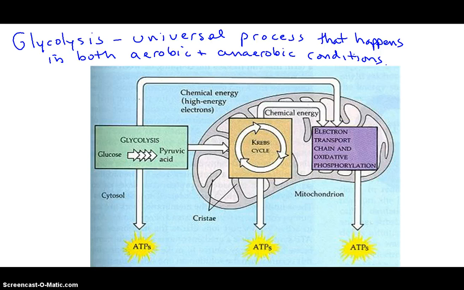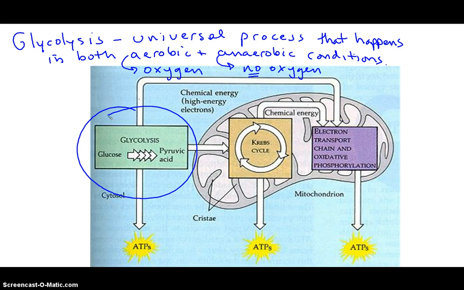And the one that I want to mention right now is glycolysis, because it's a universal process, and it happens in both aerobic and anaerobic conditions, which means that aerobic means that there is oxygen, anaerobic means that there's no oxygen. And regardless of whether oxygen is present or not, glycolysis is a universal process, and that's the first step that we'll look at. So we'll break it down, and we'll look at anaerobic respiration first.